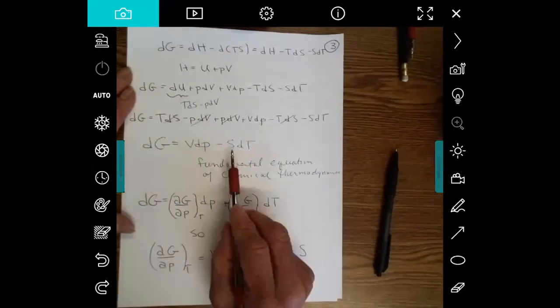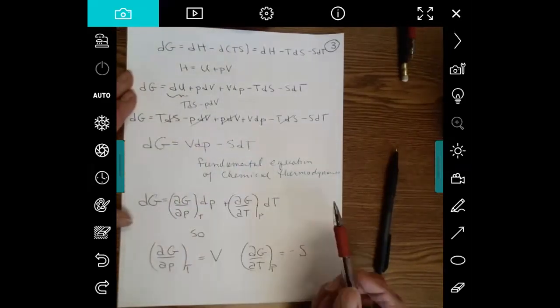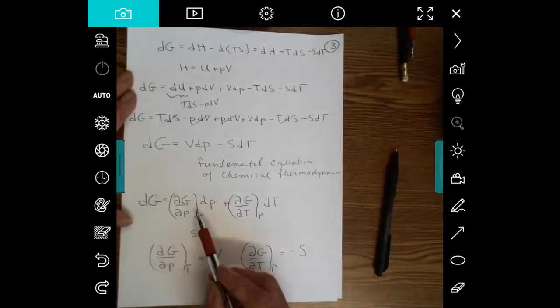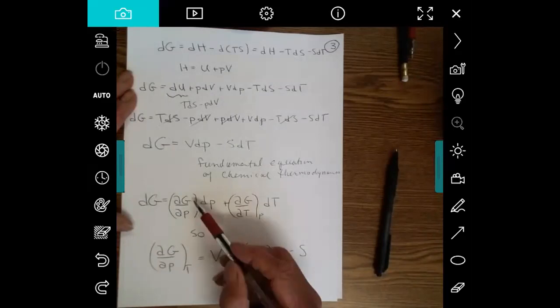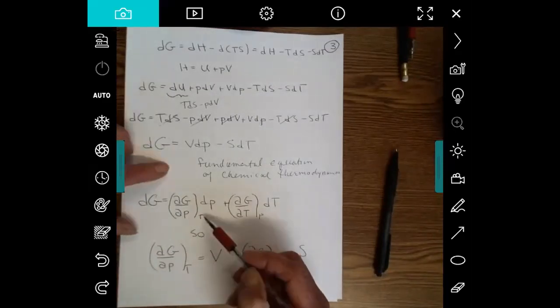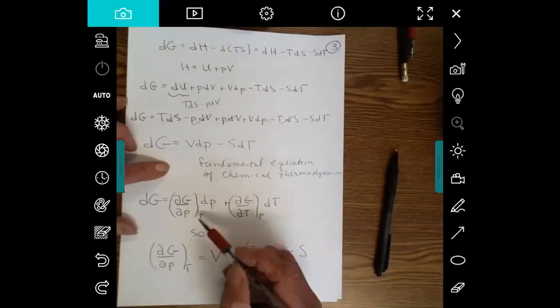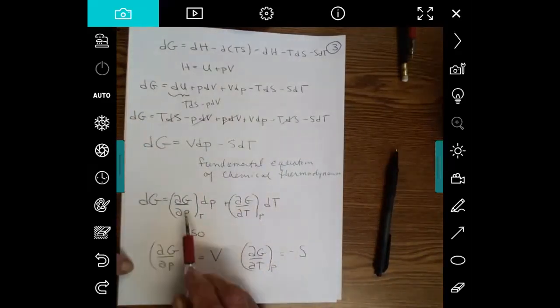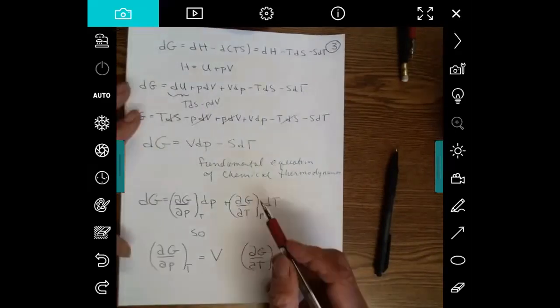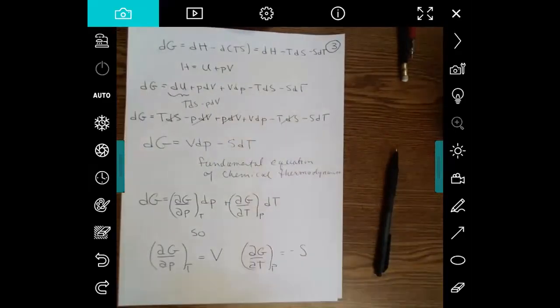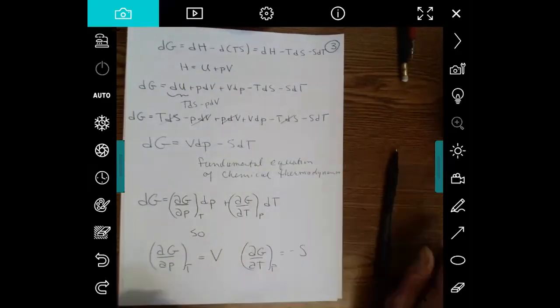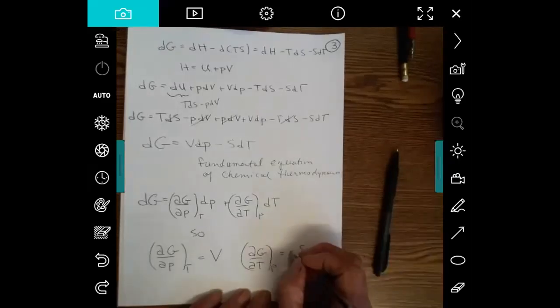Between a temperature change and a Gibbs free energy change is negative S. So when we look at this, that means that Gibbs free energy changing with pressure holding temperature constant, so out front of the dP, has to be equal to V. So this partial has to be equal to V, and this partial has to be equal to negative S. So Gibbs free energy changes as a function of pressure holding temperature constant as a function of V. Gibbs free energy changes when temperature changes, holding pressure constant, as a function of what your entropy is, and that's a negative out front.